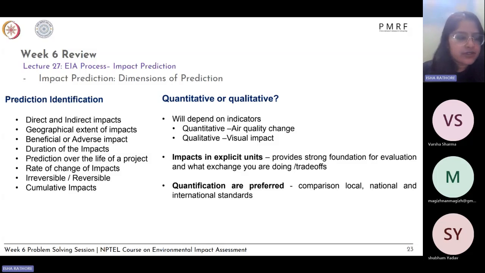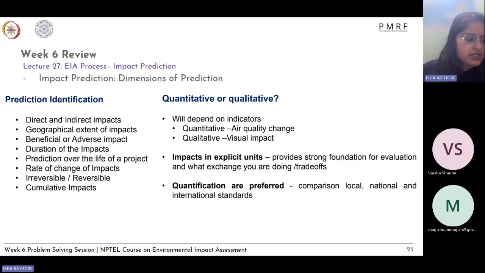So you can have a stronger foundation of what measures work, because there will be cases in which this has been established from another study, and you can directly use that data to suggest these kinds of mitigation measures. Quantification is preferred when you have to do comparisons for local, national, and international standards, but quantifiable impacts or units give you this advantage in terms of suggesting mitigation measures.